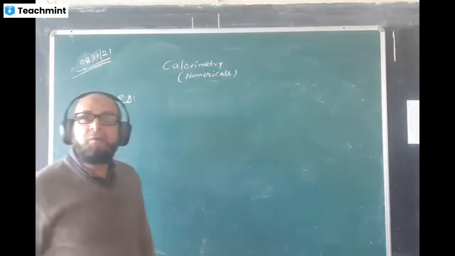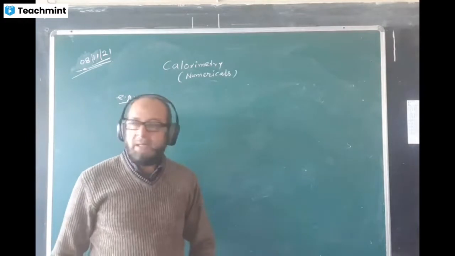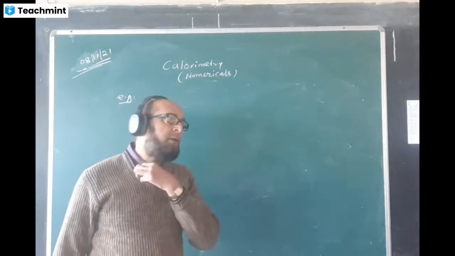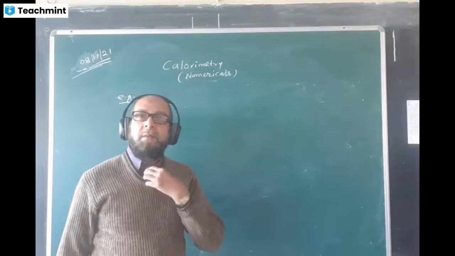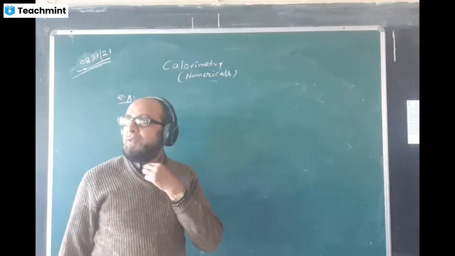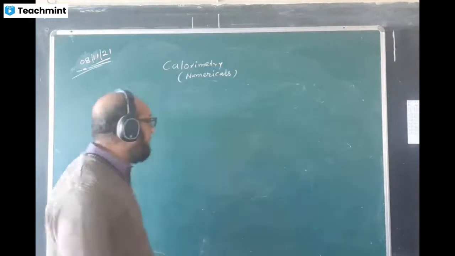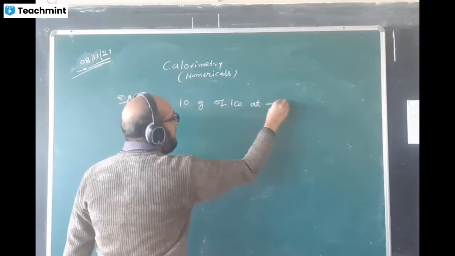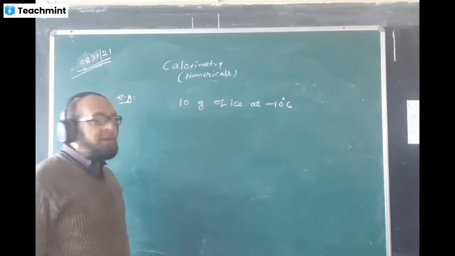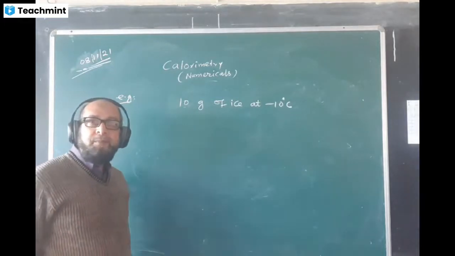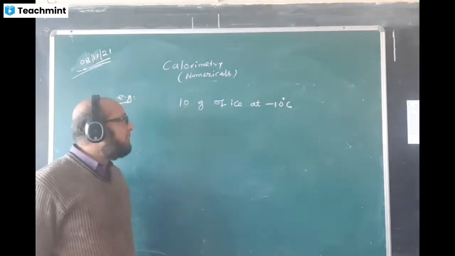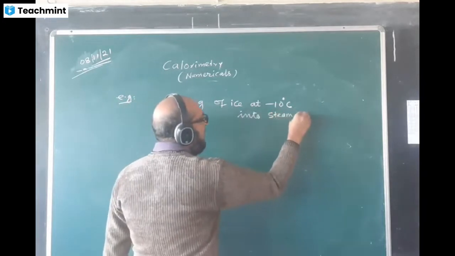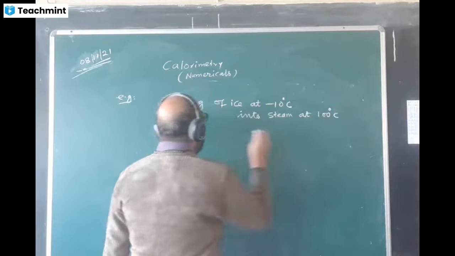Calculate the amount of heat required to convert 10 gram of ice at minus 10 degrees Celsius into steam at 100 degrees Celsius. Write down the values given in brackets.